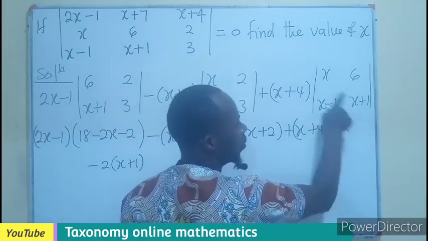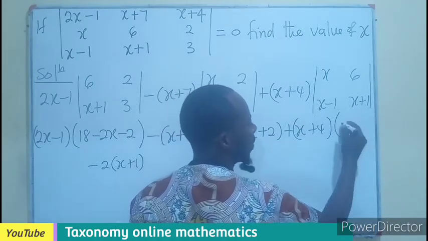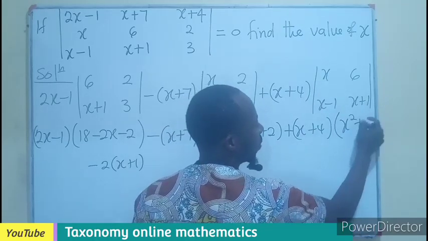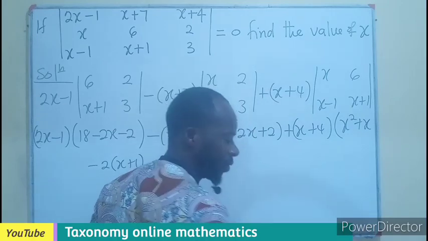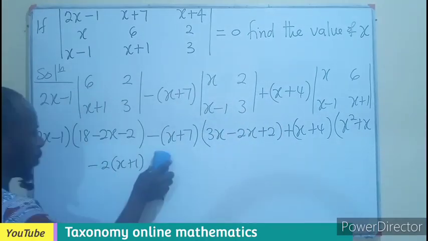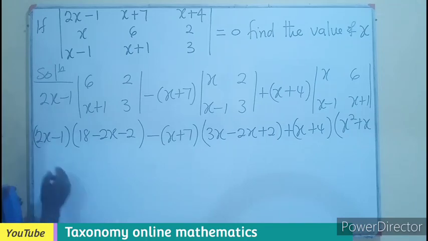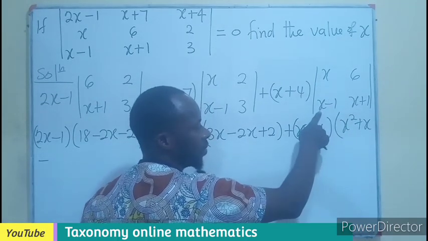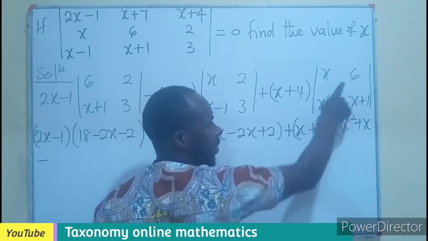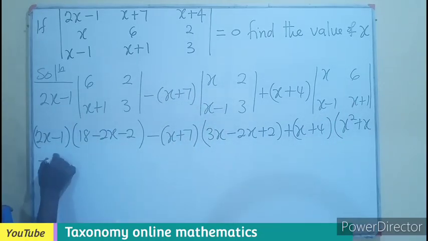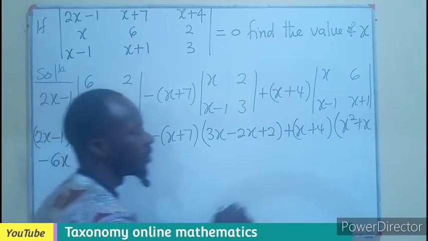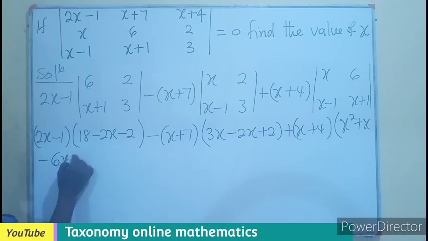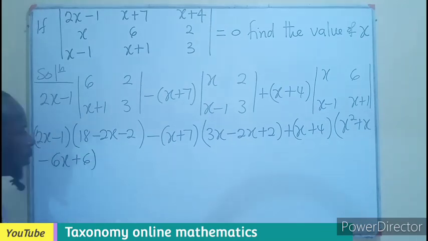Our leading diagonal is going to be x times x squared. x times 1 will be x. Then we have minus. So right from there, you're going to have minus this times this, and that is going to be minus 6 times x. That will give us minus 6x. Minus 6 times negative 1 will be positive 6.